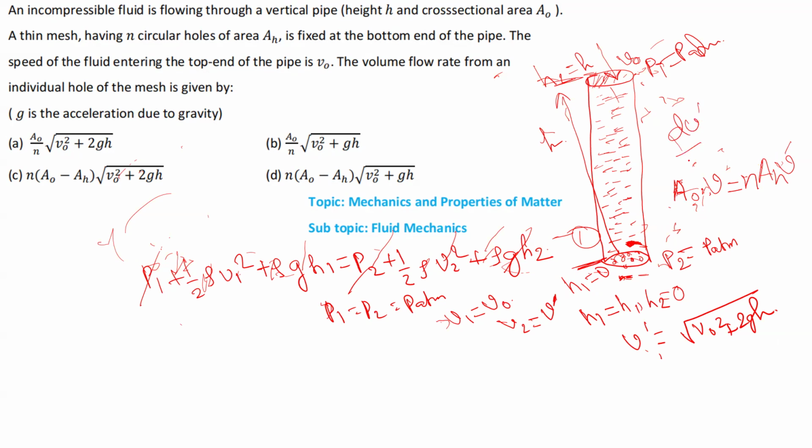We need to find the volume flow rate dV by dt. Then it will be A0 over n into root over V0 square plus 2GH.